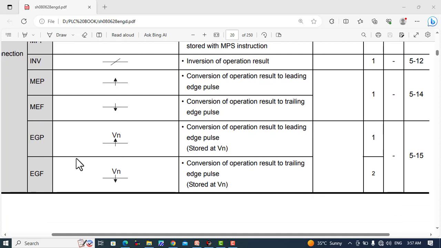EGP is again the same thing, but conversion of operation result to rising edge stored at Vn. This is the rising edge stored with X0, X1, X2, maybe any input. This is the rising edge, but it will store the instruction with an input. This is the falling edge, but it stores the instruction with an input Vn.